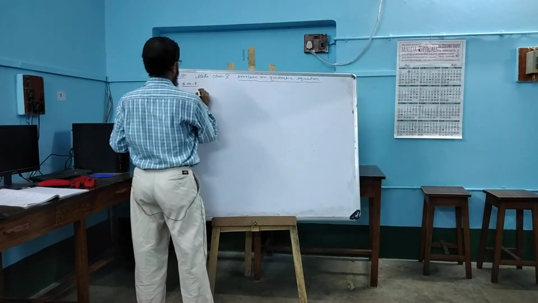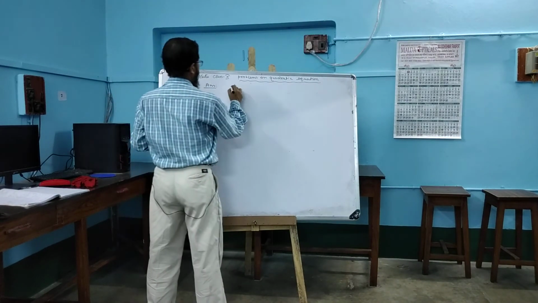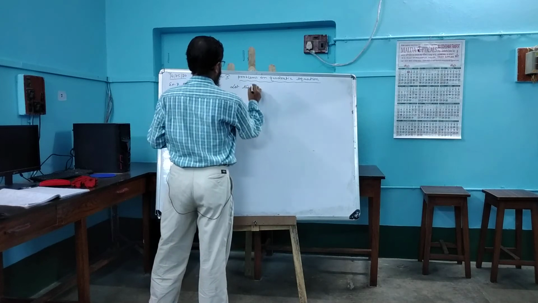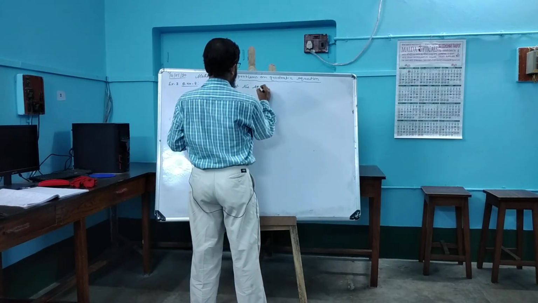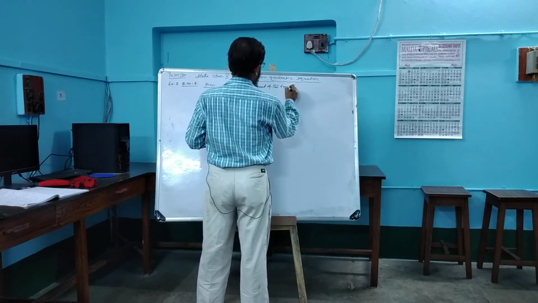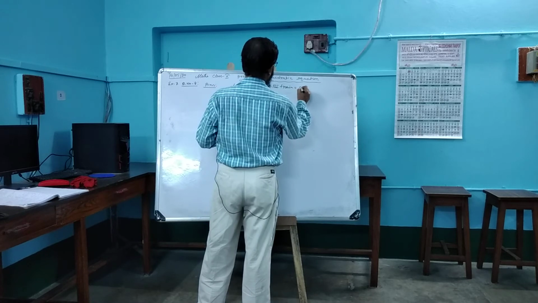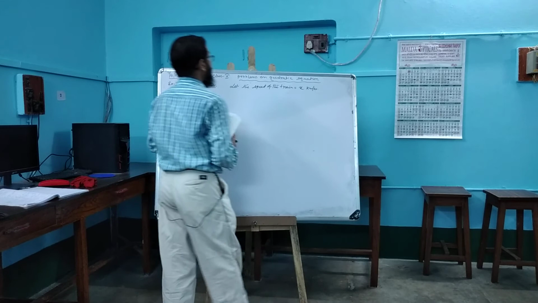Let the speed of the train equal to x kilometers per hour.